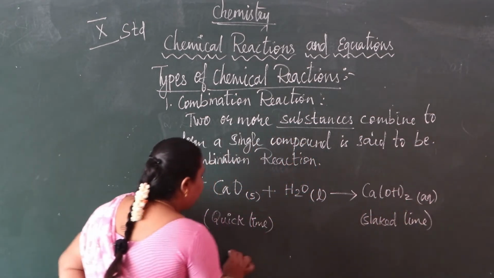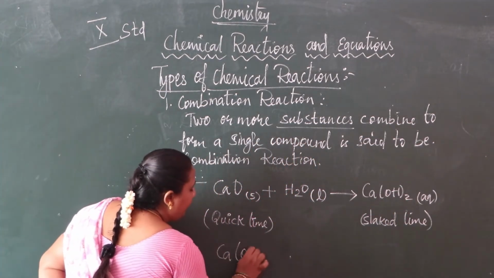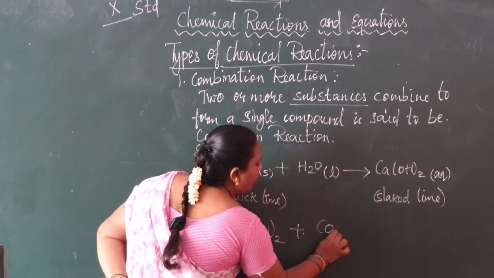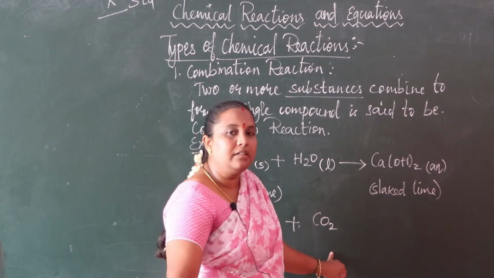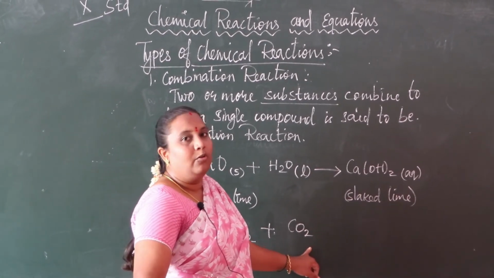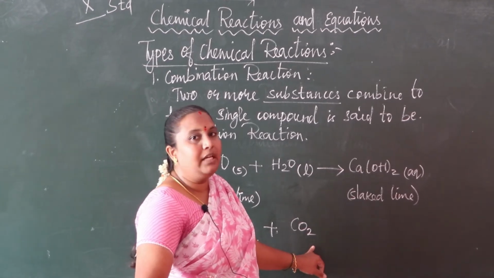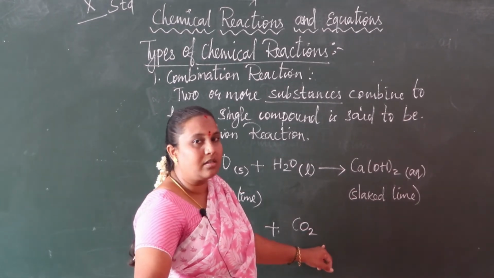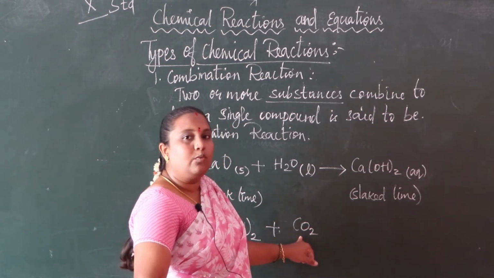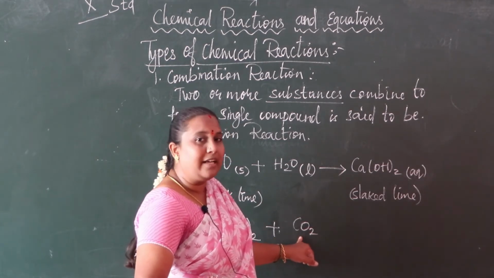After 2 to 3 days, this calcium hydroxide reacts with carbon dioxide, which is present in the air. The wind blows and touches the outside of the walls, and the wind contains carbon dioxide.